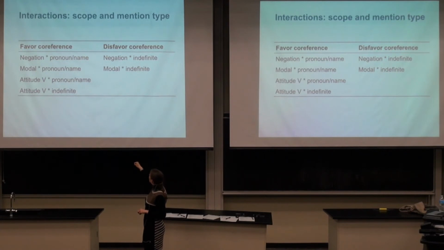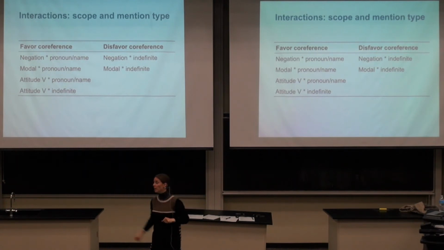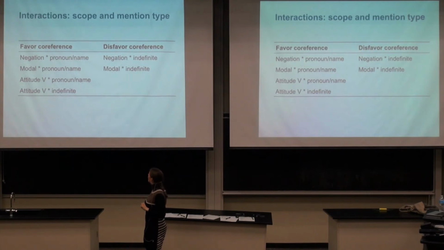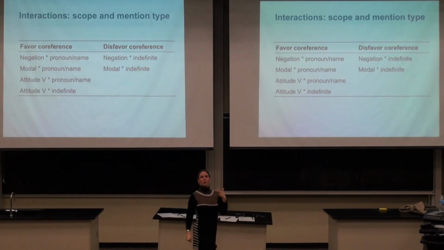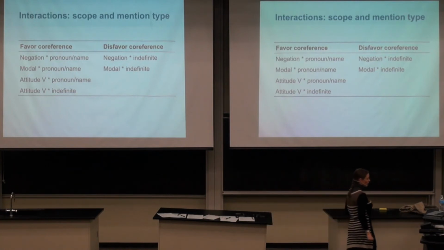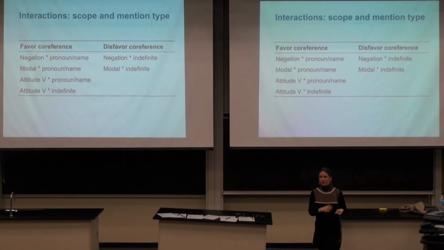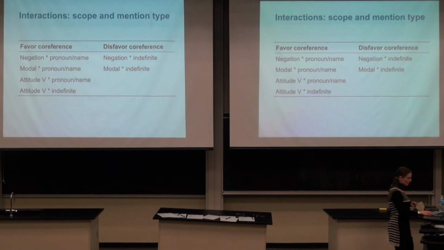Here on the left, if you are a pronoun or a name, then no matter which environment you are in, you don't take scope, and you can just be referred to. And this attitude verb here, again, I think it stems from the genre that we have, where pragmatically, often something that's under an attitude verb still gets believed in and gets inferred.